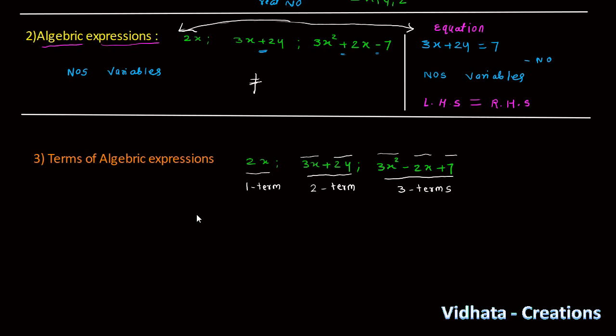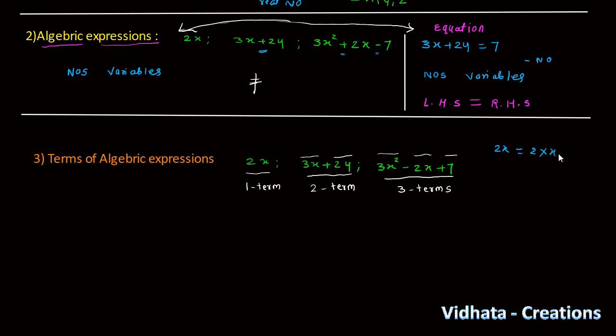Yet we are not fully aware of what is meant by term. Let us see. If you see the 2x, then one is number and one is variable. 2x means 2 multiplied by x.